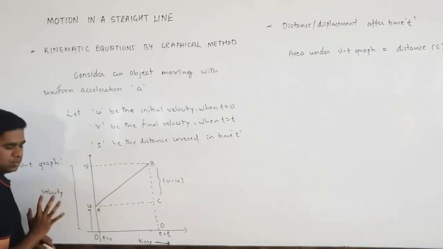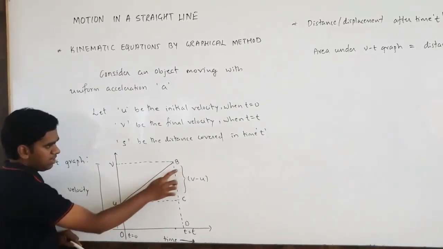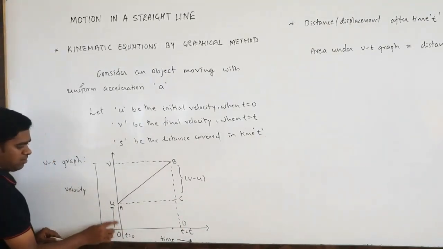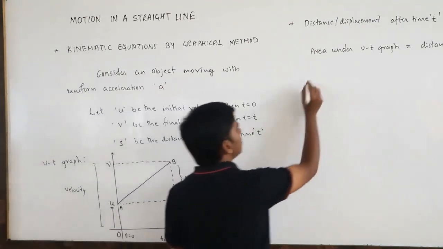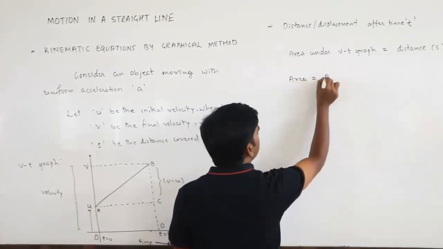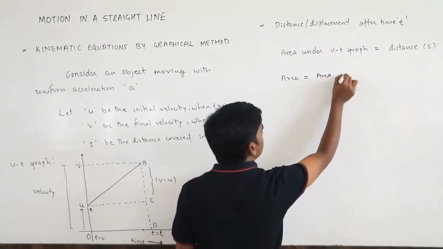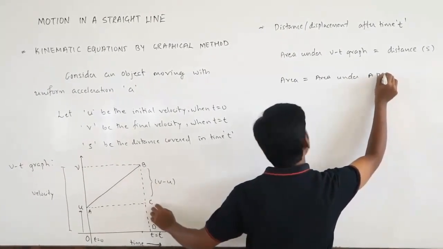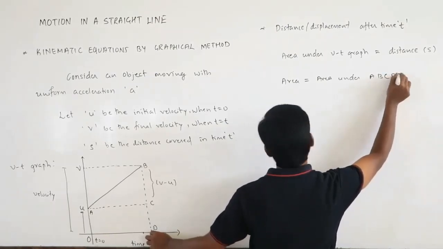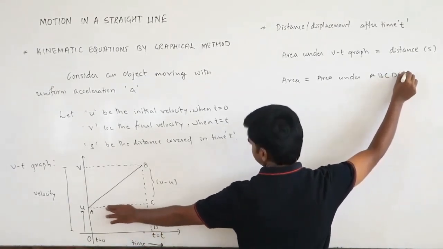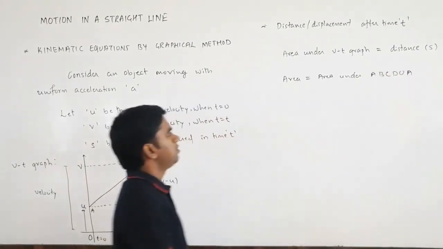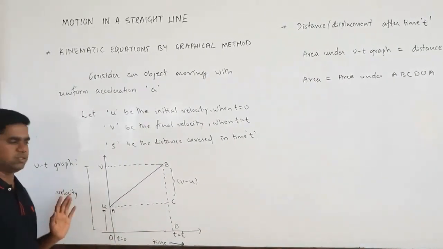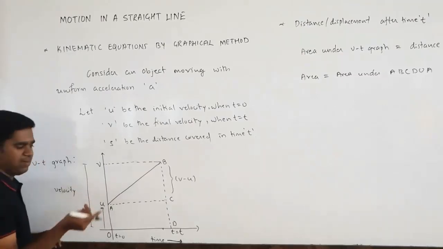The area of A, B, C, D, O, and again back to A. So area equals the area under A, B, C, D, O, A. This total area, but I will divide into two.